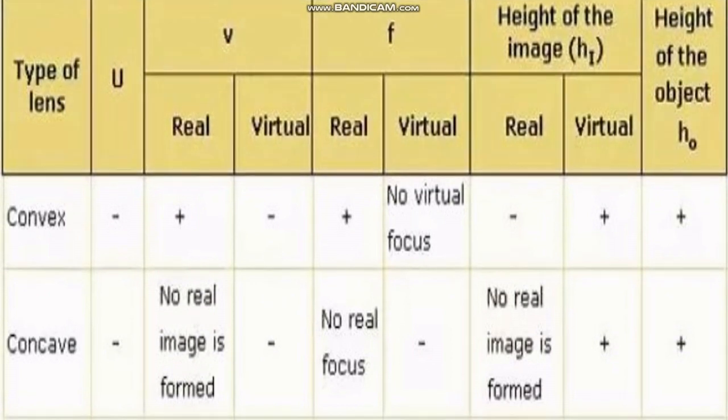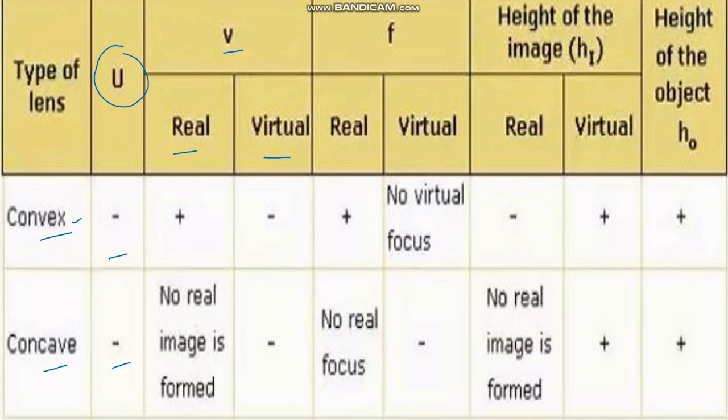Let's recall the sign conventions. Now children, whether it is a convex lens or a concave lens, remember the object distance will always be negative. It is an easier way to remember that whether convex or concave, the object distance has to be negative. When you talk of the image distance, the image is of two kinds, real and virtual.